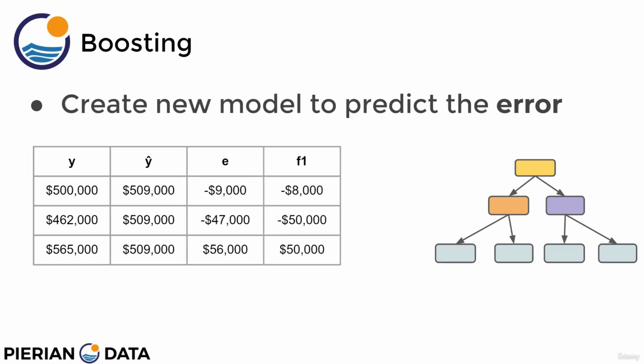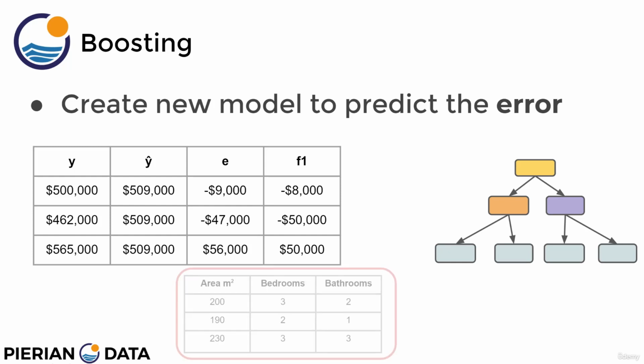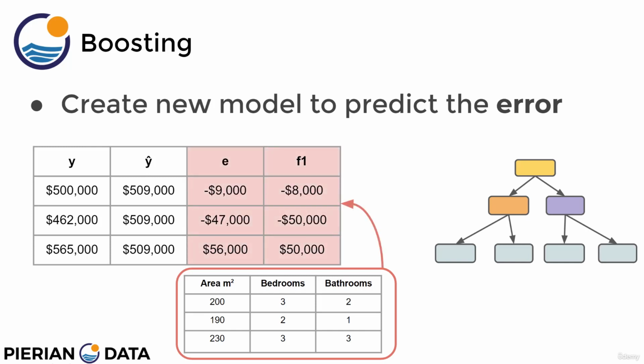Now I want to be clear about what's happening right now. This new decision tree model is still using those original X features, but instead of trying to predict y, it is now trying to use those same features to predict the residual from the previous model. So it's really focused on how can I best predict E given the original features. And so its predictions are then labeled as F1.